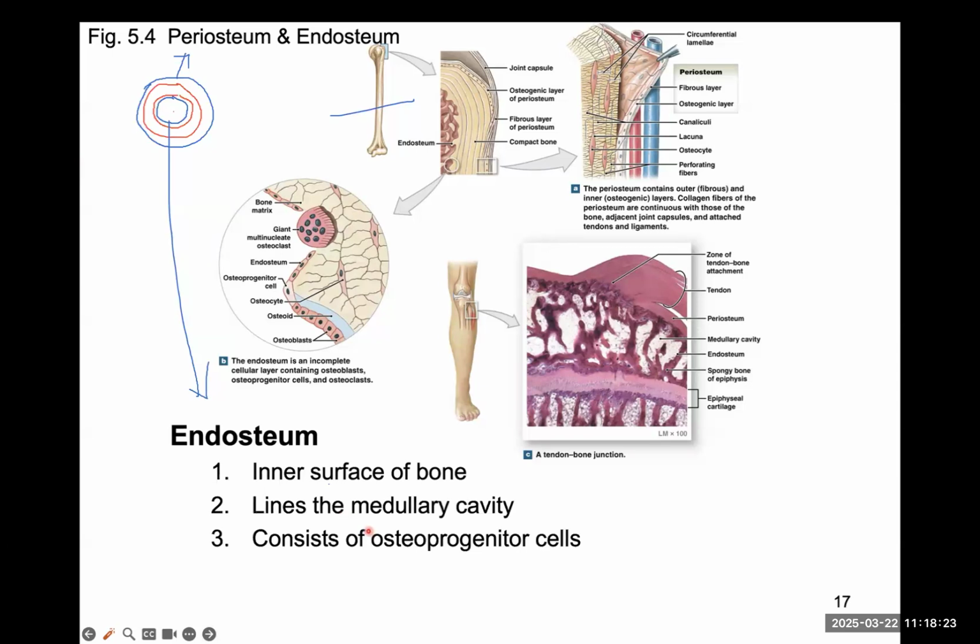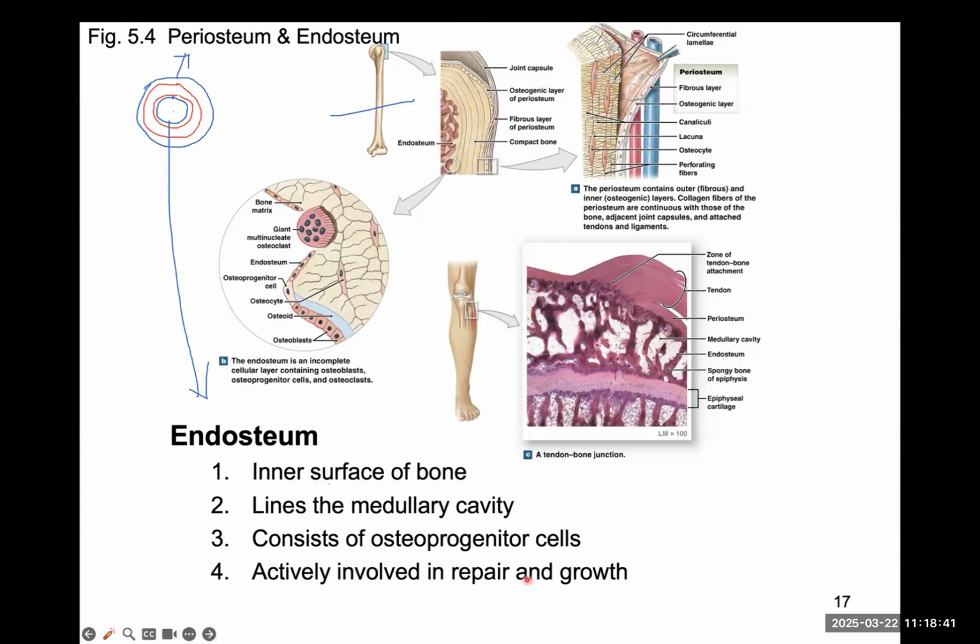That's where your bone marrow is going to be, because sometimes your body needs to make a bigger medullary cavity, and this is also where your osteoclast cells are. So osteoclast cells are for active repair and growth, and we call it remodeling.